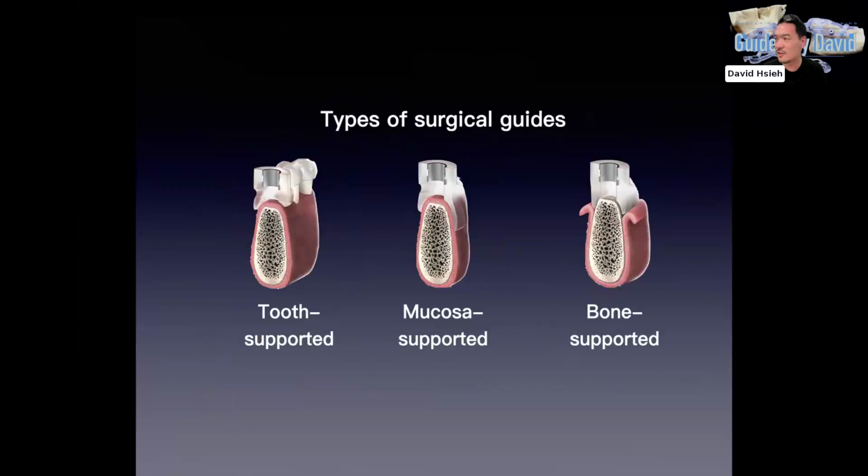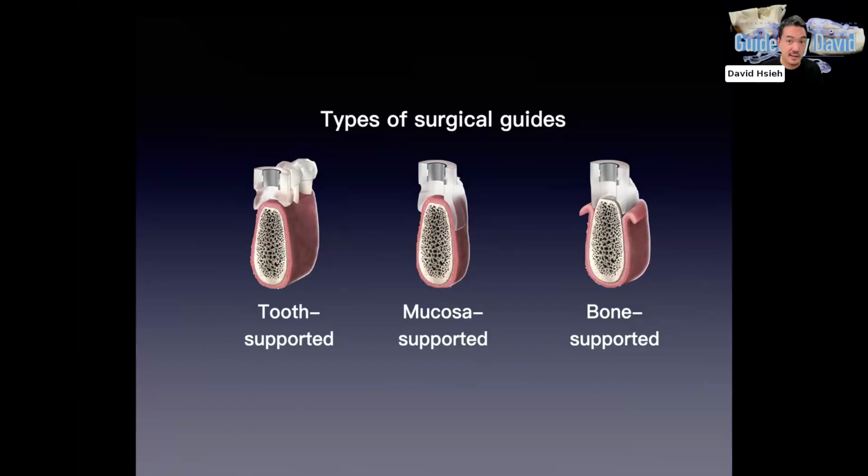As for surgical guides, there are mainly three types of them, right? The easiest to design is the tooth supported guide. The reason is that the tooth is still present, so we can merge the model into the CT scan without too much issue. Because when the tooth is gone, the merge becomes very difficult, right?